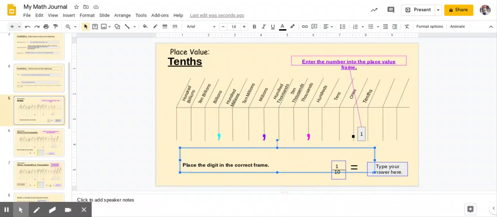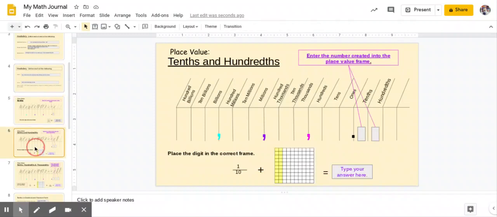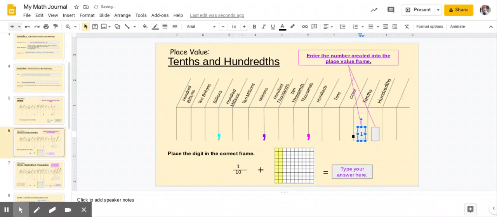As we move on, we're going to build on this number. On our next slide, we still have the 1/10, so our 1 is going to go here. And then if we look at this next one, we see that this is a 100 right here. Those are 100 little squares, and 20 of them are shaded in. So we have 20 hundredths.